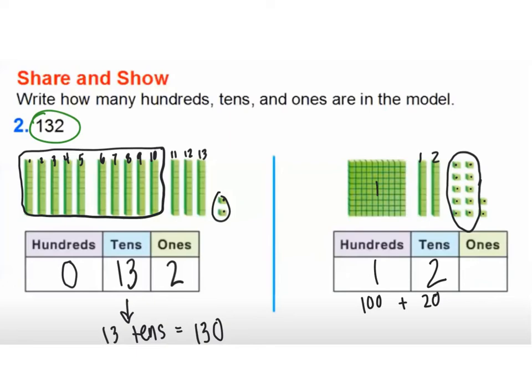How many ones? 12. So this is 100 plus 20 plus 12. Can you add that together for a second? Pause the video if needed. What'd you get? 132, which is the same thing our other pictures showed. We're showing it in a different way.